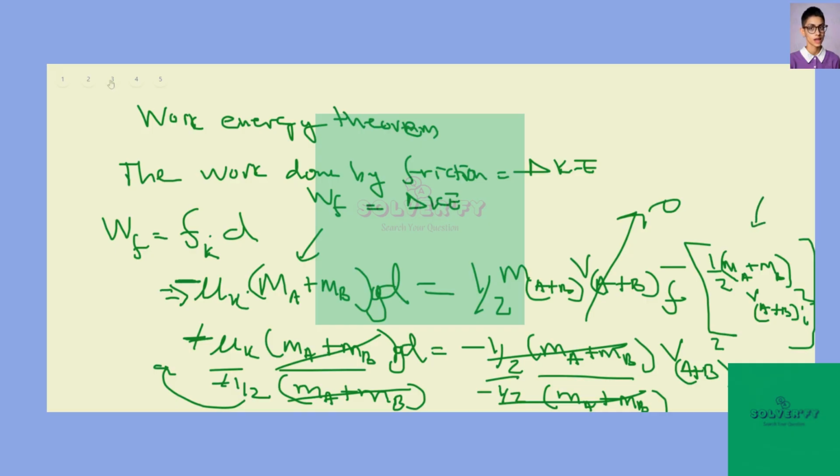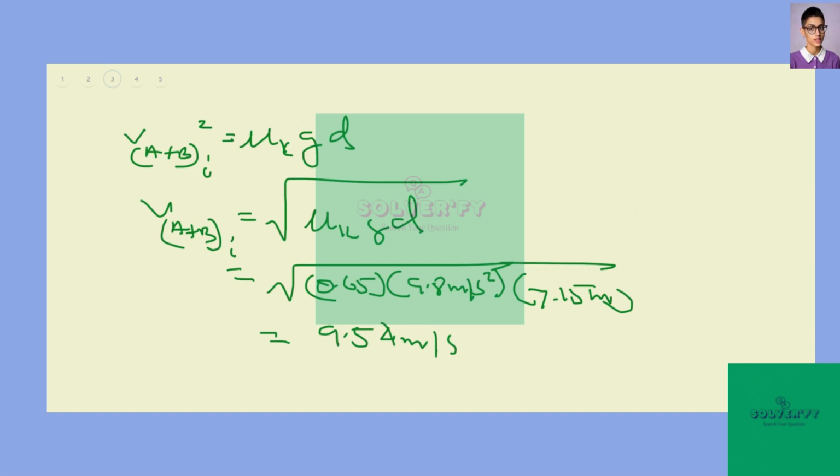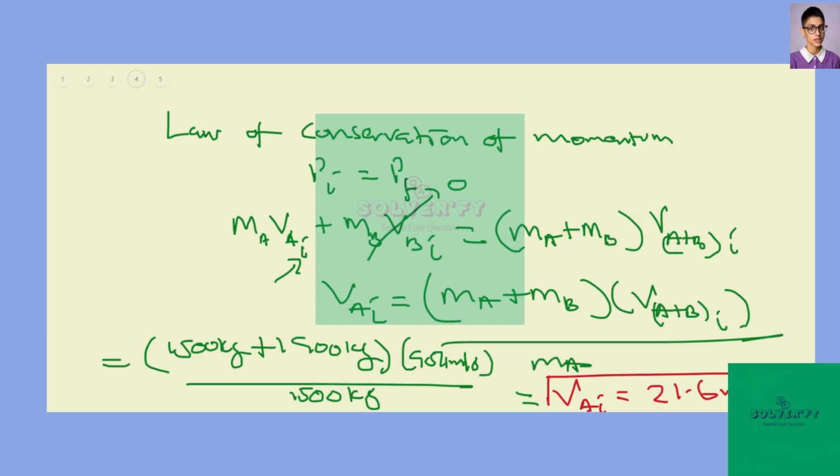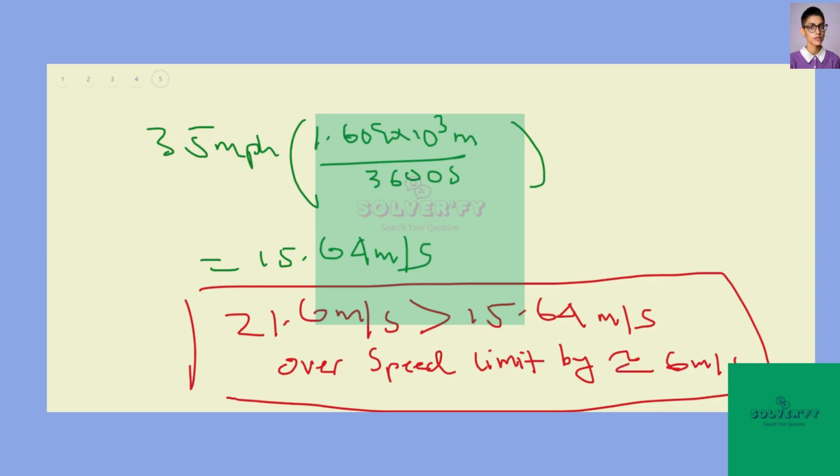That helps us compute the initial velocity of the two cars A and B when they stick together. And then we're going to use that with the law of conservation of momentum to find the initial velocity of A, which happens to be 21.6 meters per second. As you can see, we check if it's over or below the speed limit.